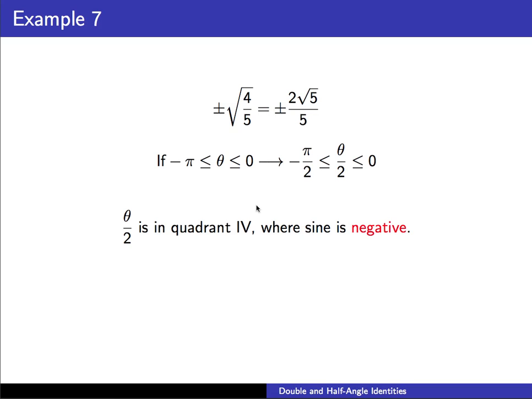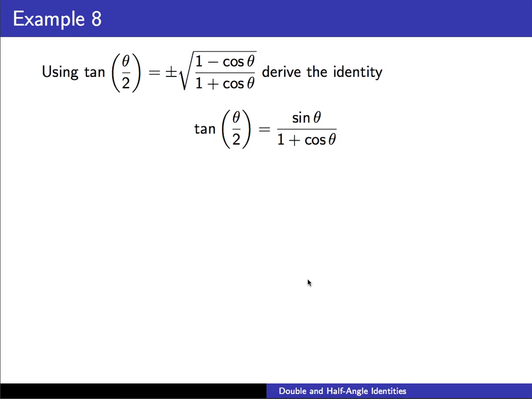That puts theta over 2 in quadrant 4, between negative 90 and 0, where sine is negative. So as far as plus or minus 2 square root of 5 over 5, we're going to use negative 2 square root of 5 all over 5.